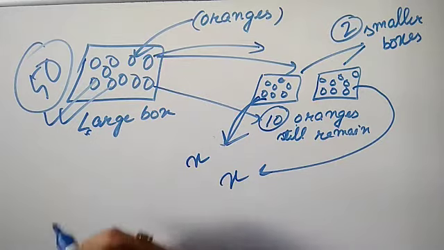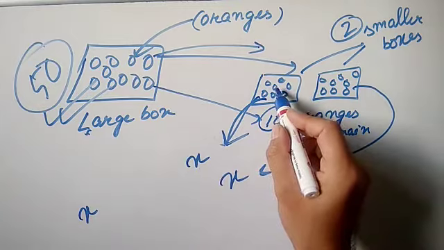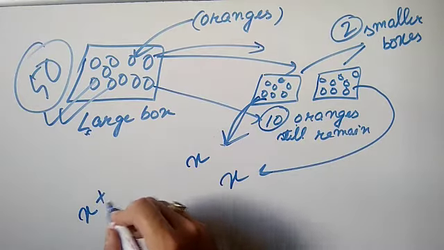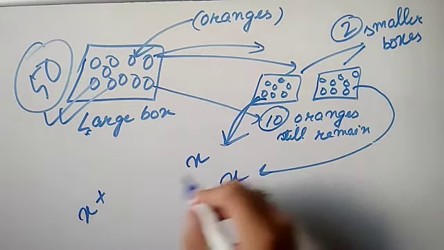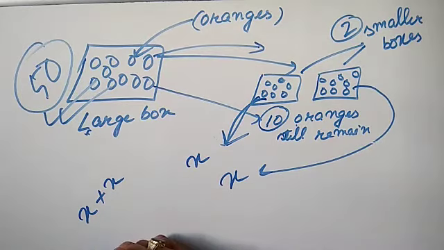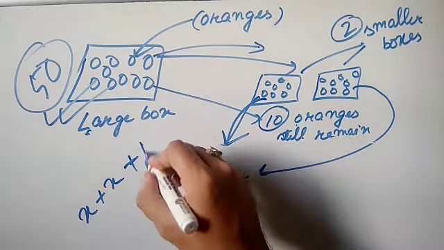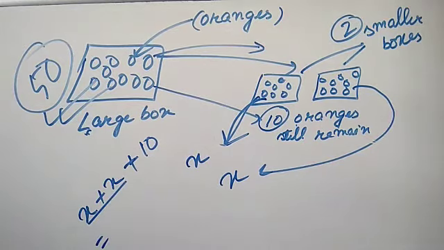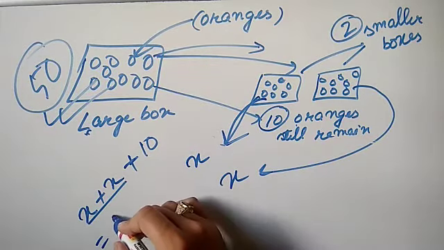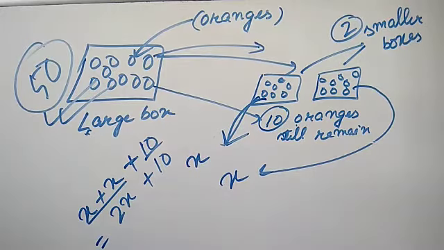So the total number of oranges will be x, the number of oranges in one small box, plus another x, the number of oranges in another smaller box, plus the number of oranges that still remain, that is 10, right? So what is the sum of x and x? It will be 2x plus 10, right?